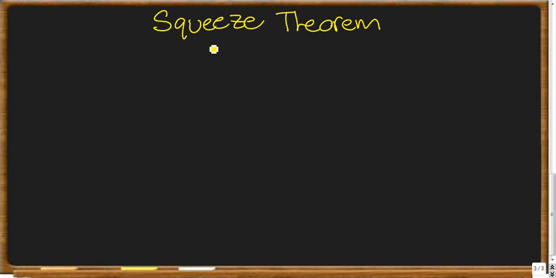Now, the last thing that we want to talk about is called the Squeeze Theorem. This is just a kind of logical idea that I think you all will find pretty easy to understand, and the math tends to make sense.